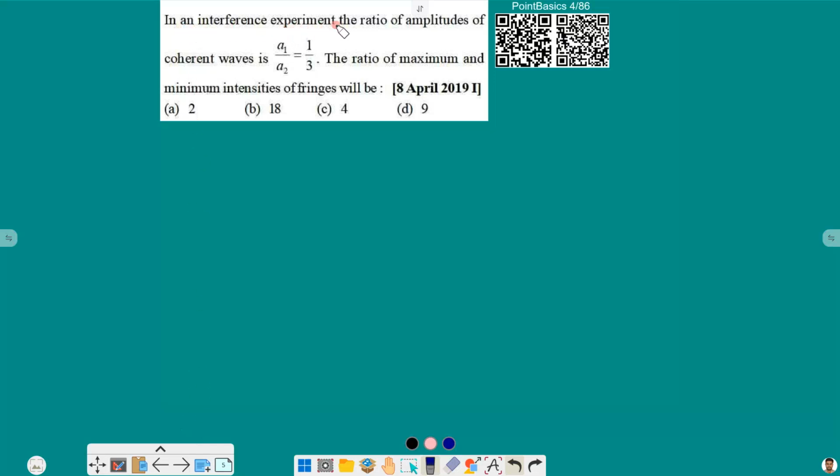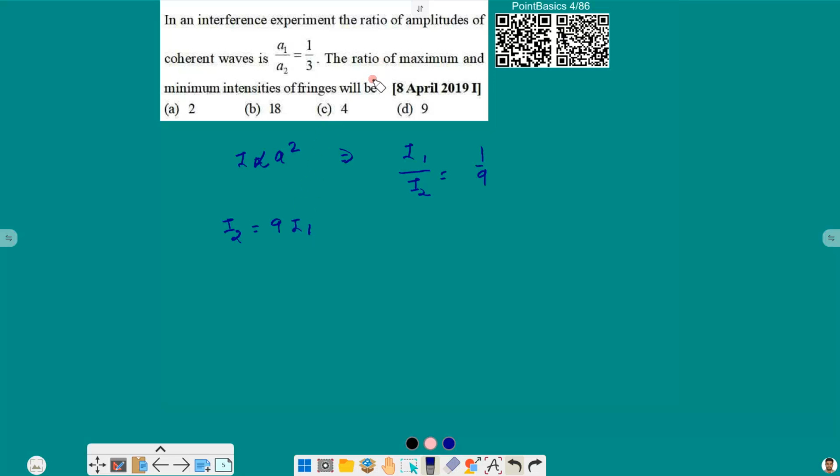in an interference experiment, the ratio of amplitudes of coherent waves A1 by A2 is 1 by 3. The ratio of maximum and minimum intensities of the fringe will be? So here we have the amplitude ratio, and we know that intensity is proportional to the square of the amplitude. So we can say I1 by I2 will be equal to 1 by 9, or I2 is equal to 9 times I1.